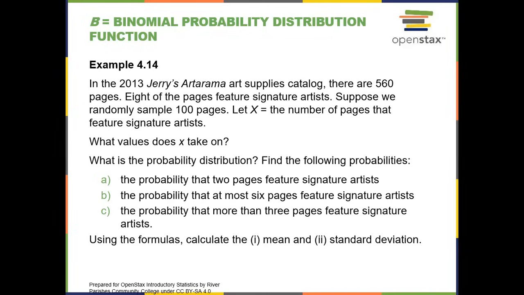Find the probability that X is equal to 2. Randomly sample n is equal to 100. Find the probability of exactly X equal to 2. Remember, your probability of success is 0.0142, which is 8 out of 560.